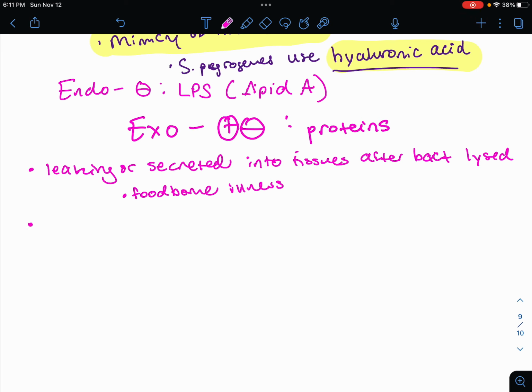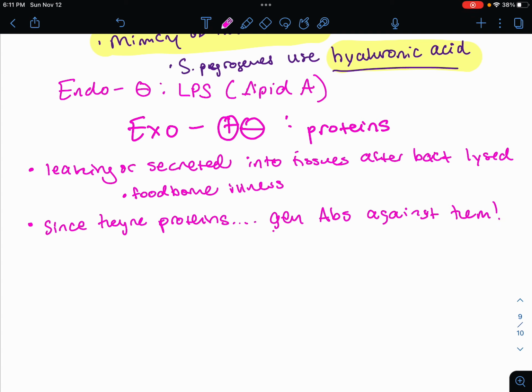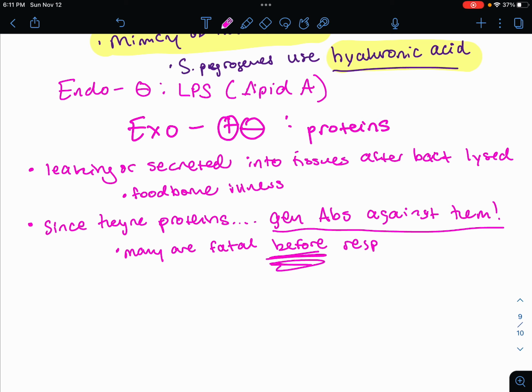And then, since they are proteins, these exotoxins, we could generate antibodies against them. That's a sigh of relief there. However, many of them are fatal before the immune response. So, kind of a double-edged sword there, a little bit.